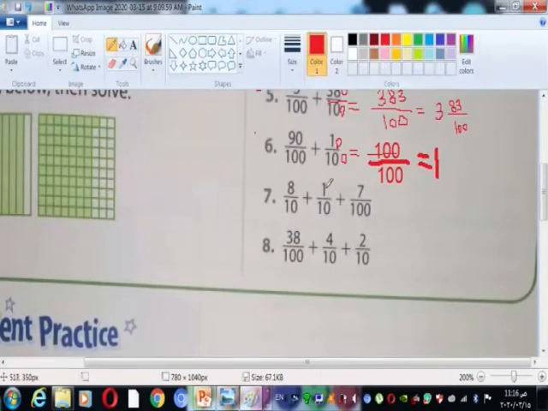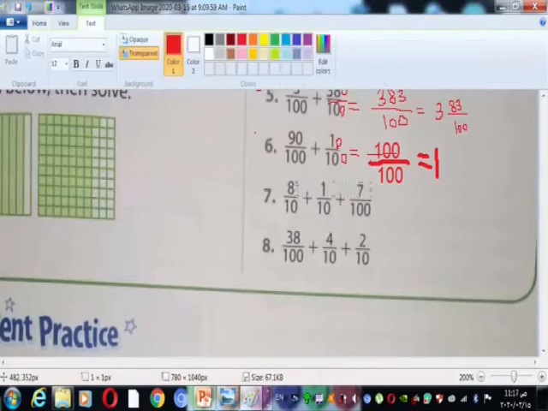We have here 1 to 10 and 8 to 10, and finally plus 7 to 100. Now it became easy, very easy. Now we will put the 0 right here. This will be 80.